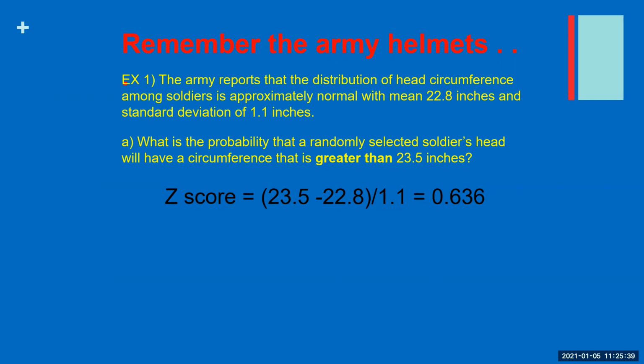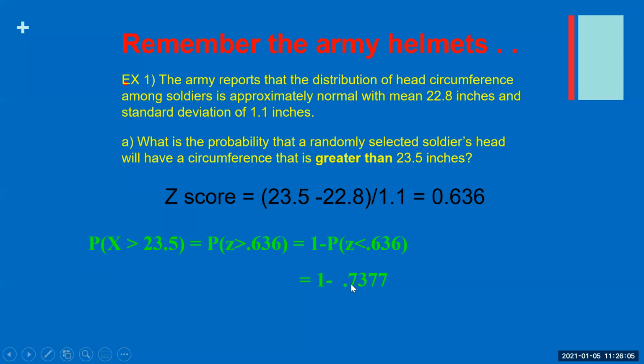So this question is asking, what's the probability that x is greater than 23.5, which we translate into z-score. That means we're looking for the probability that z is greater than 0.636. And because it's a greater than, we need to subtract from 1. So if you open up your z-table, look inside to find the area left of 0.636.